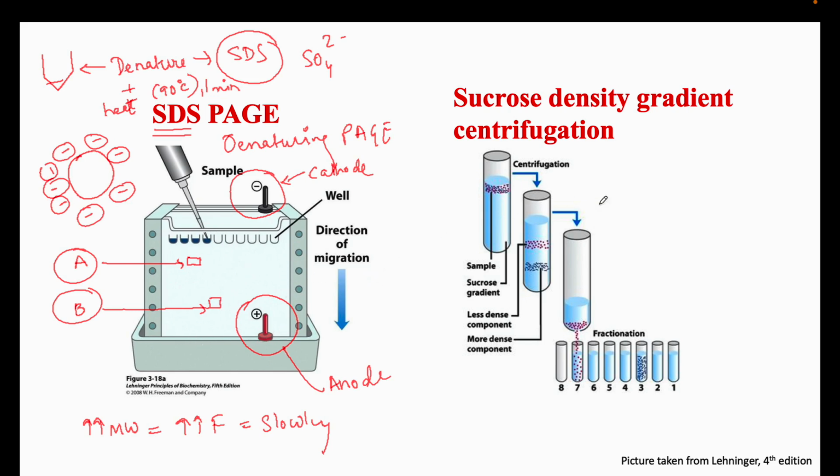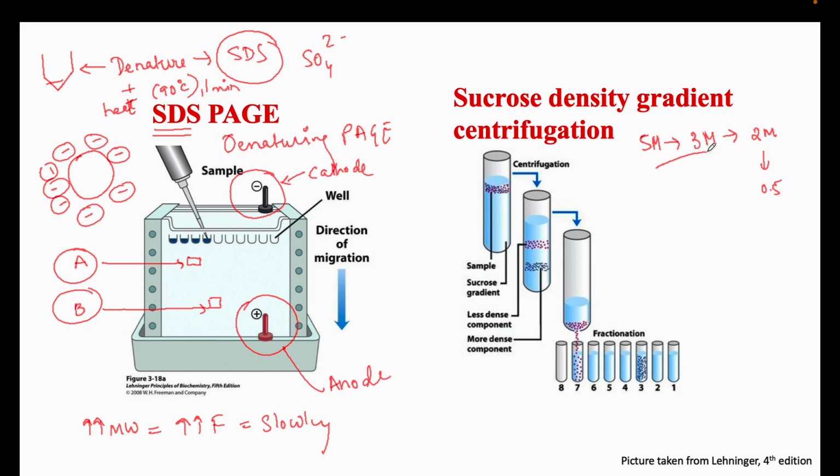Okay. The next is sucrose density gradient centrifugation. So even here we use a sucrose gradient, as I explained in previous classes. First in the tube I make a sucrose gradient from 5 molar sucrose solution to 3 molar, to 2 molar and 0.5 molar.